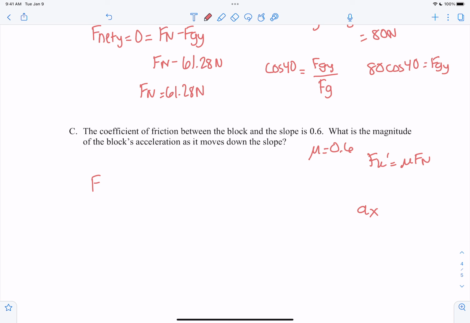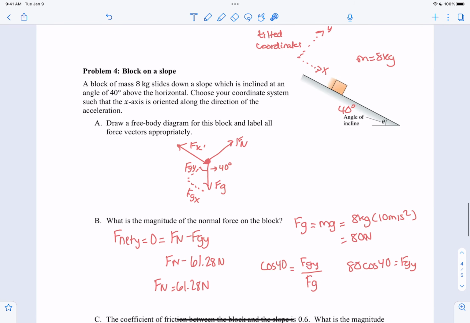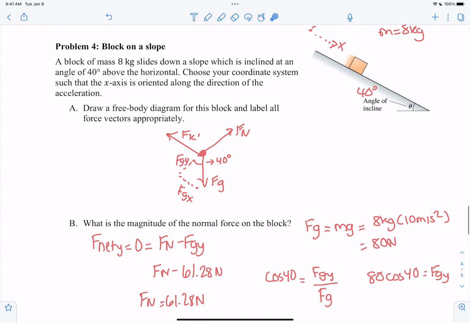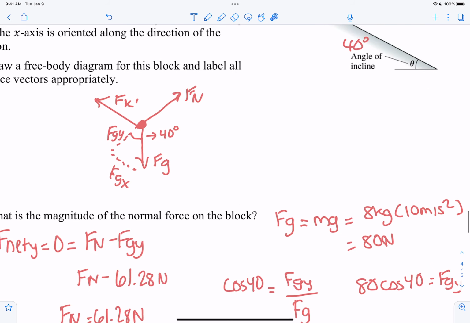So we have, okay, Matthew said Fn times mu, so that'll give you your kinetic friction there, and that's equal to max sine theta. So why would you multiply by sine theta? If you don't mind explaining.